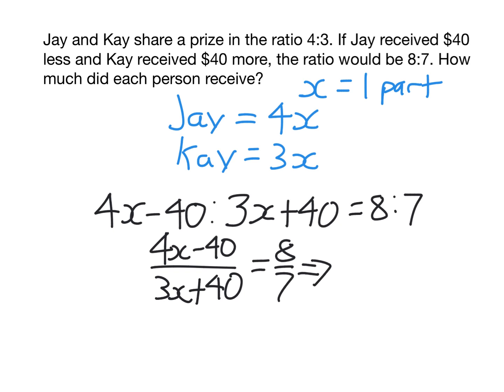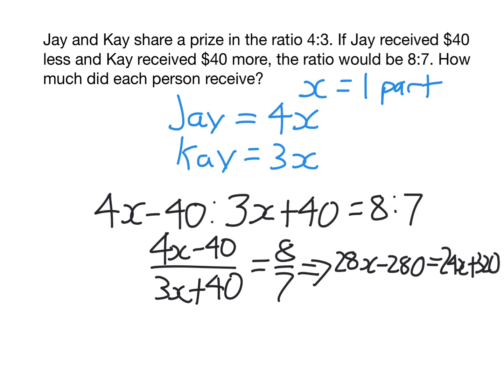So what we're going to do is cross multiply. I'm going to multiply 7 by this, so 7 by 4x and 7 by 40. Then I'm going to multiply this by this denominator, 8 times 3x and then 8 times 40. We know how to solve these equations, done them a million times.